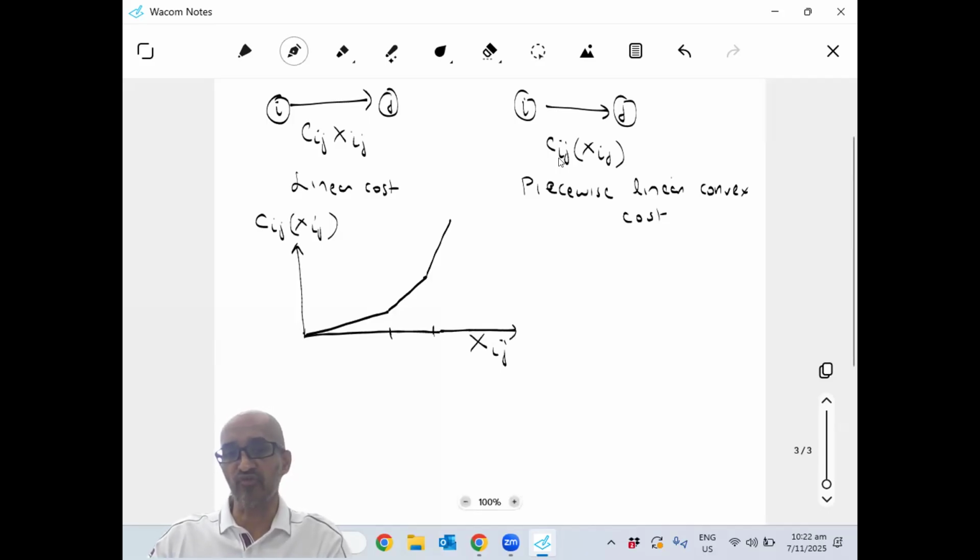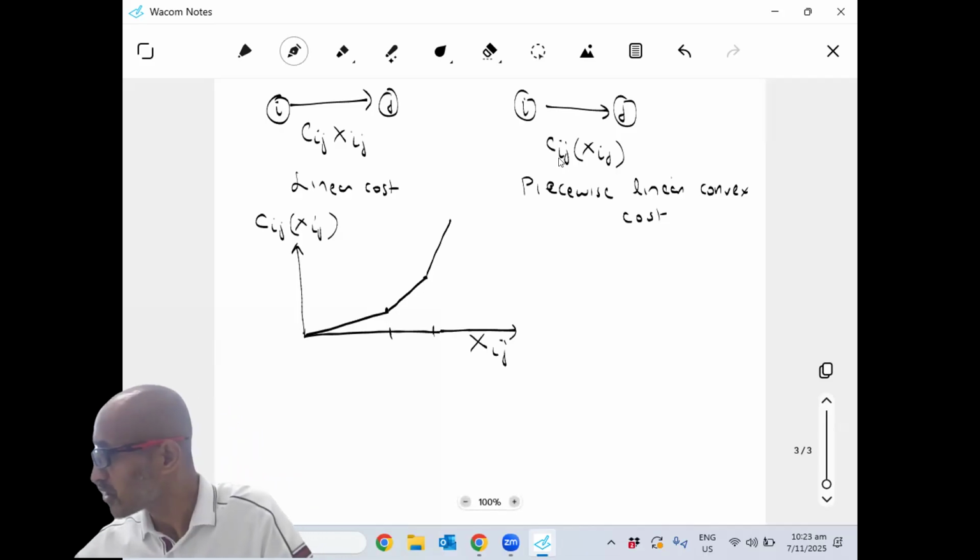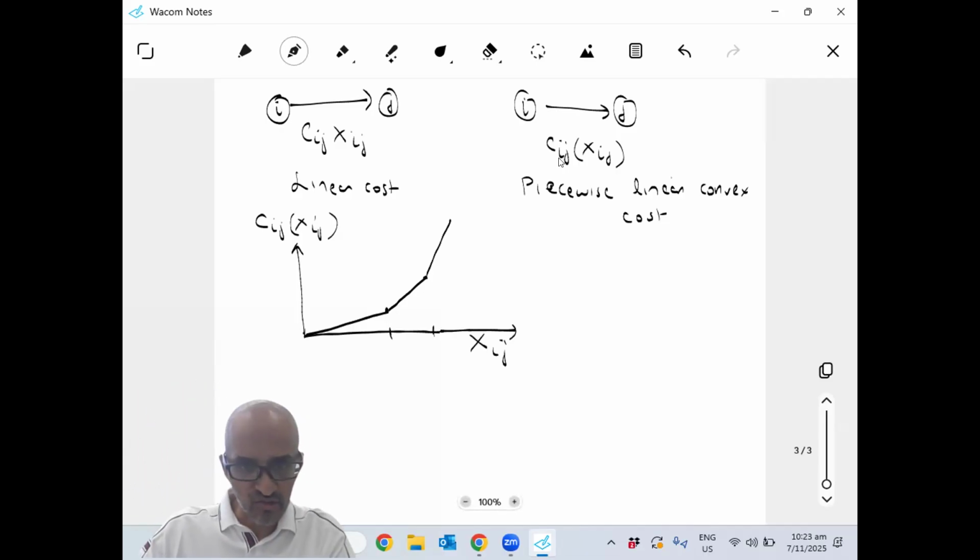Okay. So each of these pieces will have, what? There's a breakpoint and there's a slope. Okay. So let's just put in some numbers here. Let's say the slope here is alpha 1. Let's say the slope here is alpha 2. Let's say the slope here is alpha 3. Okay. And let's say that this is 0. Let's say this is beta 1, beta 2, and maybe this goes off to infinity.